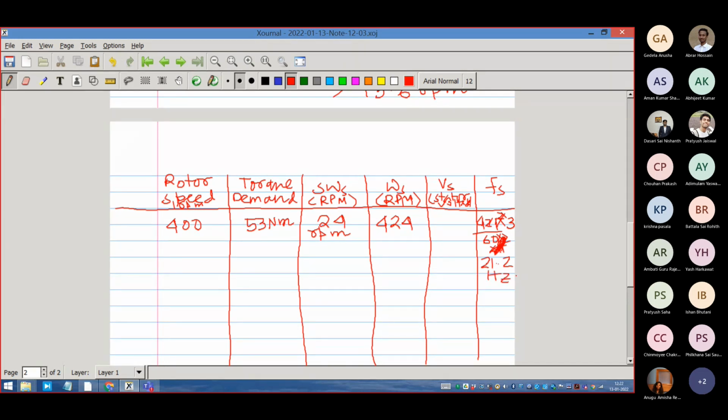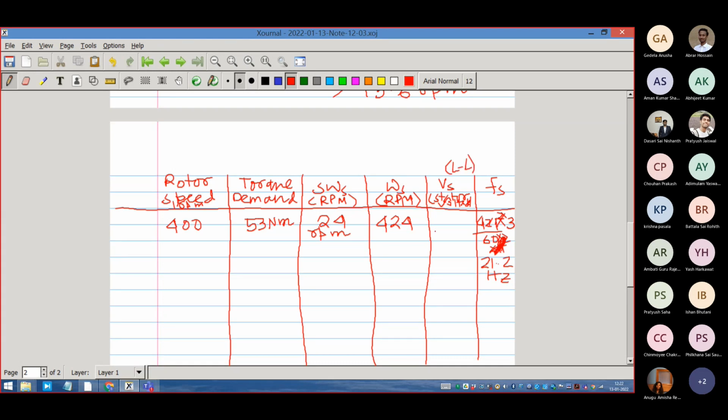And what will be the voltage? If this were 1200, that will be 400, and 220 is the line to line voltage. Let me clarify here, this is line to line.